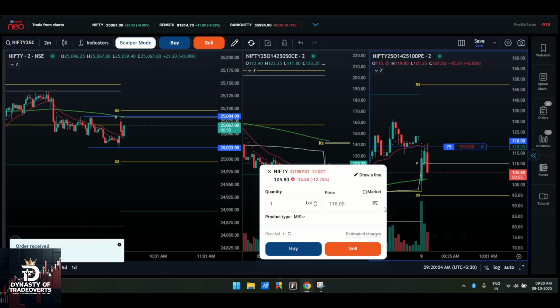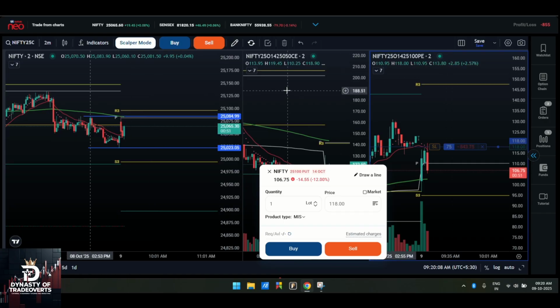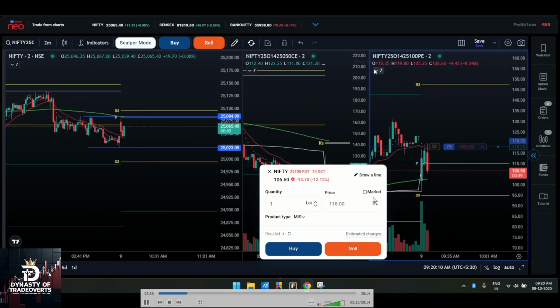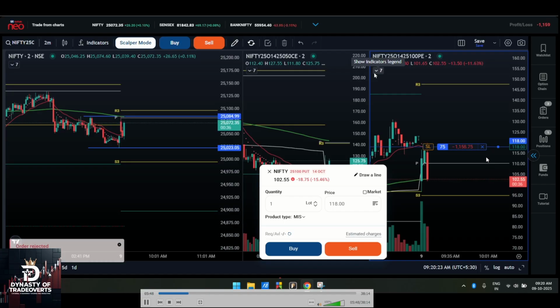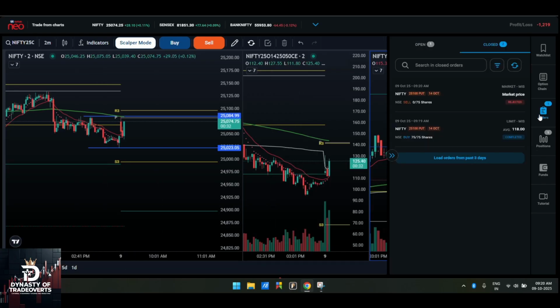So here is the biggest mistake today. I clicked the sell button, but as you can see, it is a limit order. The price is set to 118. So the order did not get executed. My losses are going bigger. You can see here, it's already 18 points down from my entry. I'm trying to sell again, but the order is getting rejected.